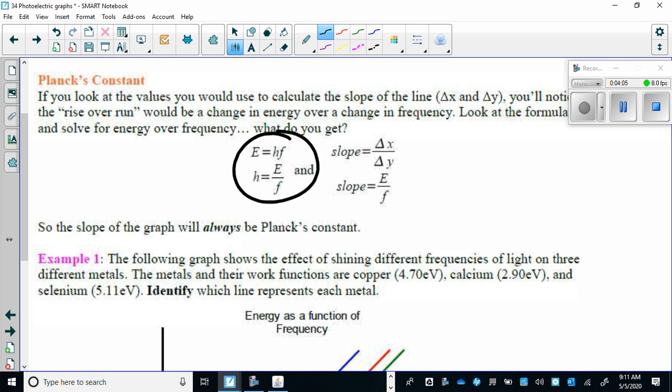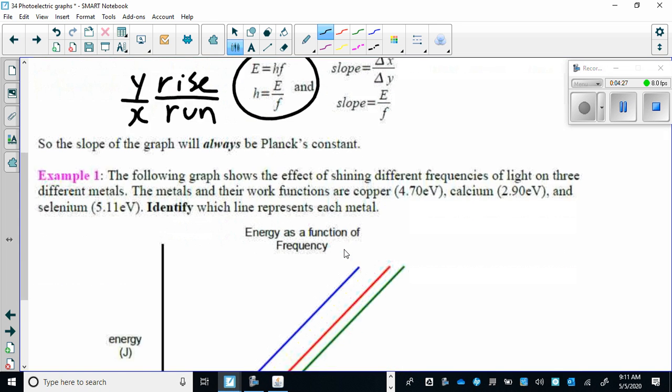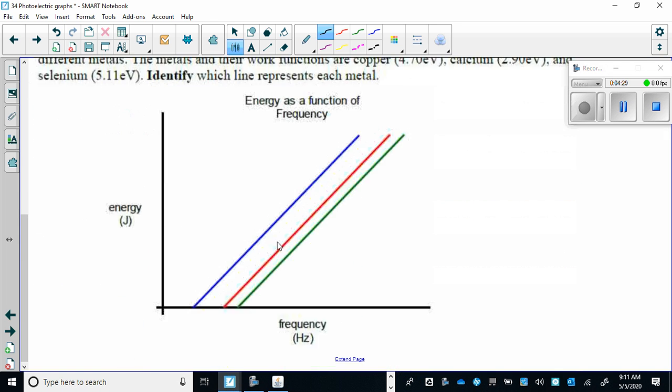E equals hf, and therefore h equals E over f, and E is the rise, it's the y-axis, and f is the run. It's the x-axis, right? Therefore, the rise over the run will give you Planck's constant. Every metal will have a different threshold frequency and a different work function, but they all have the same slope.